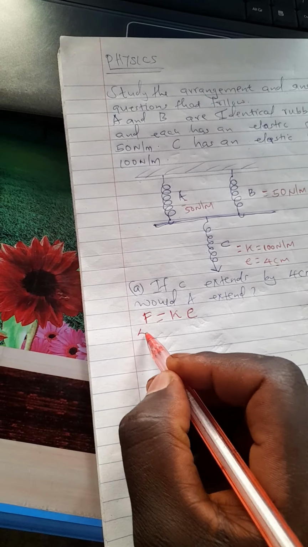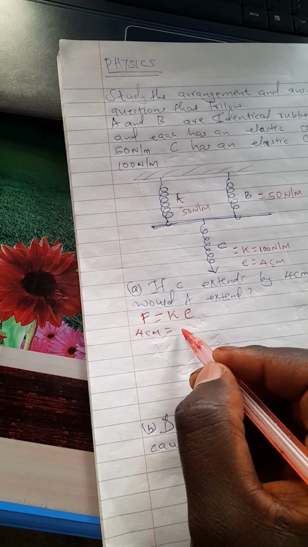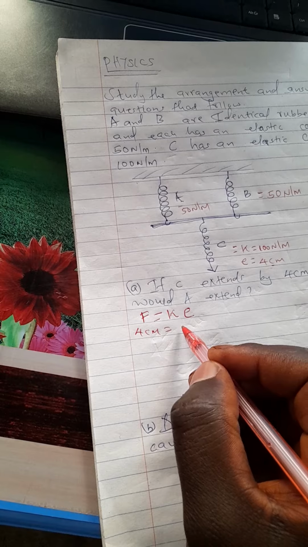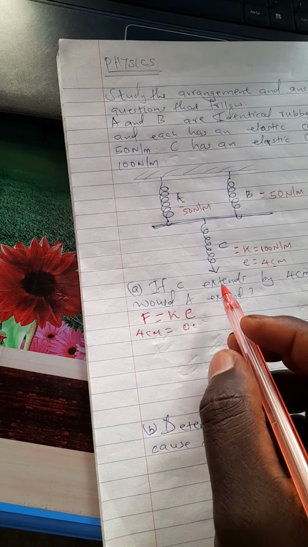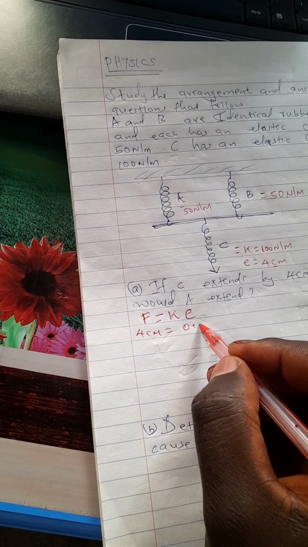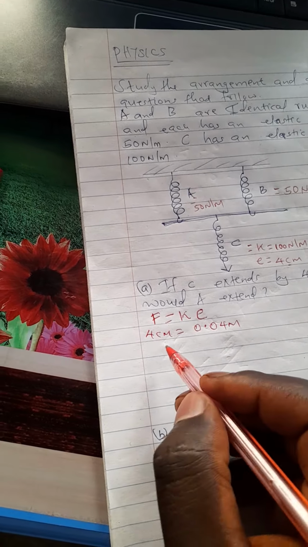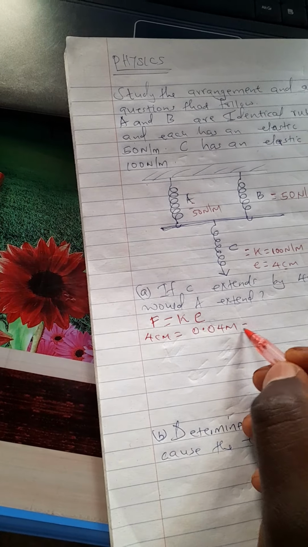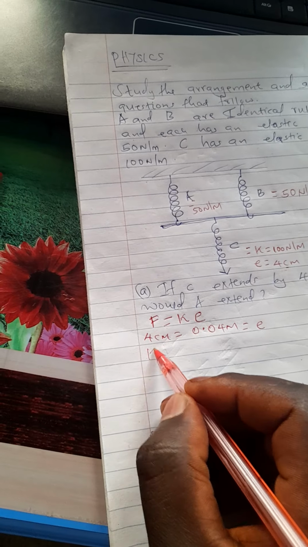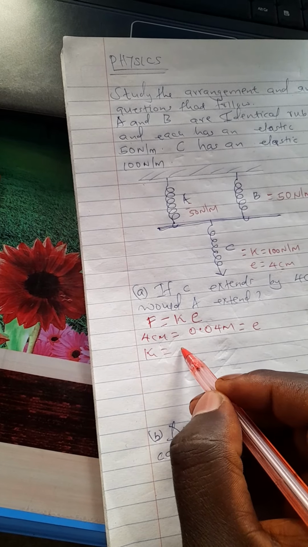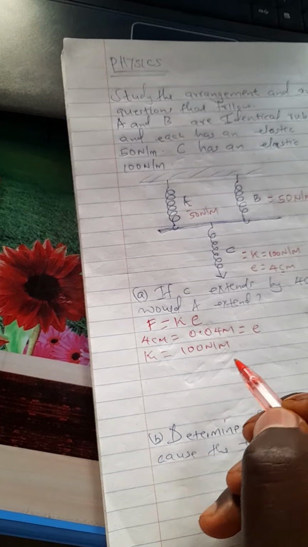So 4 centimeters is equivalent to 0.04 meters. This is our extension, and our spring constant K is given as 100 Newton per meter.